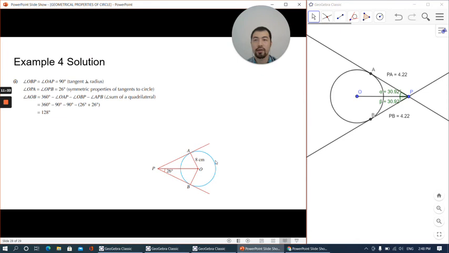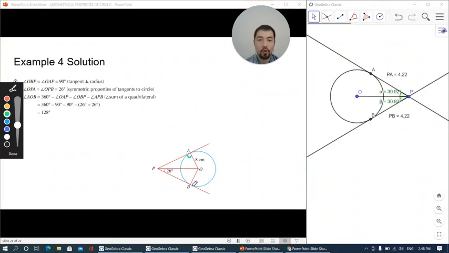All right. So the first one, we want to find the angle AOB. We need to just draw all the things that you know first. OAP here is 90 degrees.